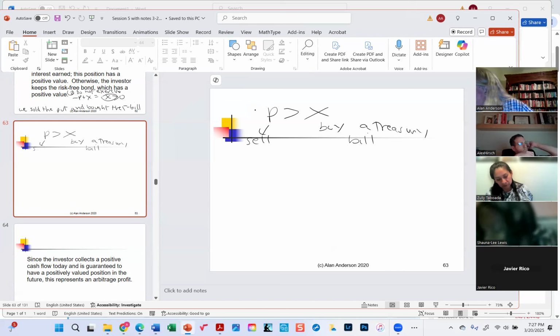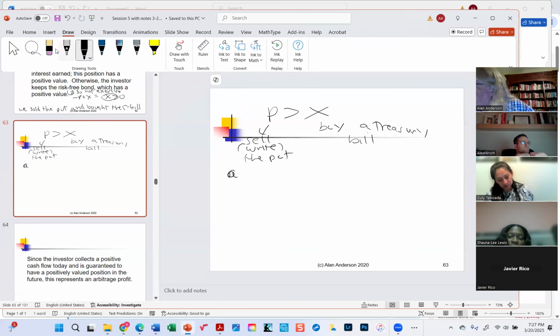Sell the put or write the put. So on the maturity date, once again, there's only two things that can be true.